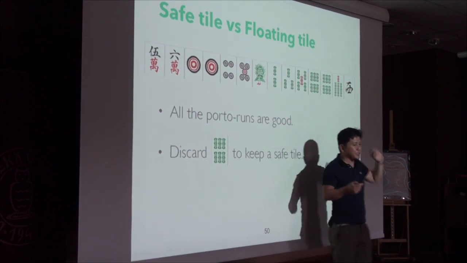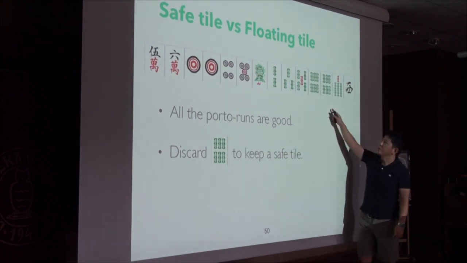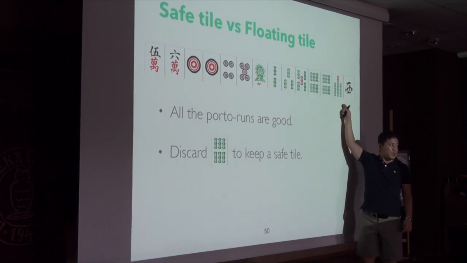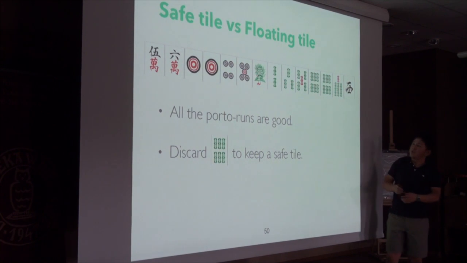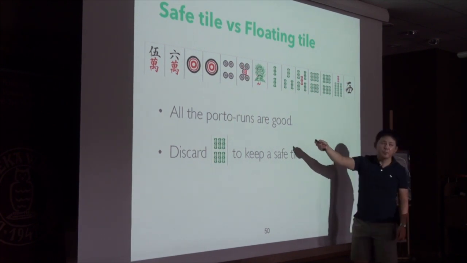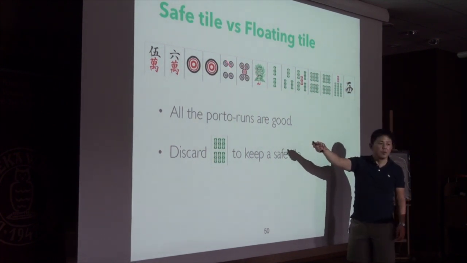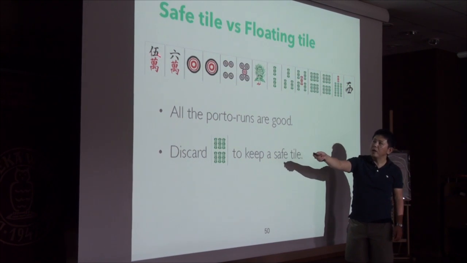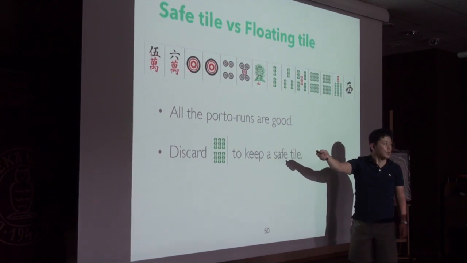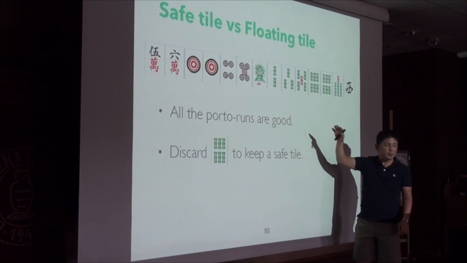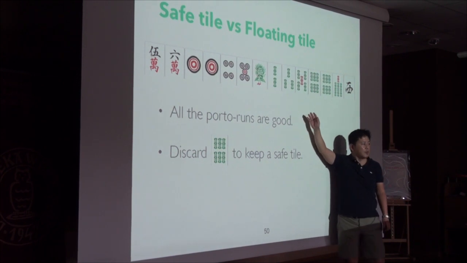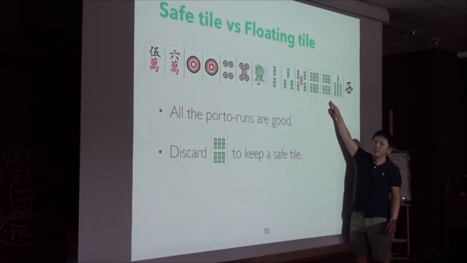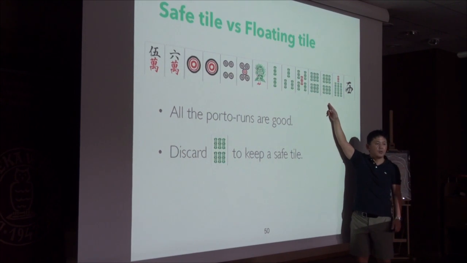But here we don't need any support, so we should discard 6 to keep a redundant west for safety, right? But if you draw 5 pin or 4 pin or 5 man or 6 man, you'd better keep them because they are supporting tiles, which can increase tile acceptance, right? But here we don't need a floating tile, right?